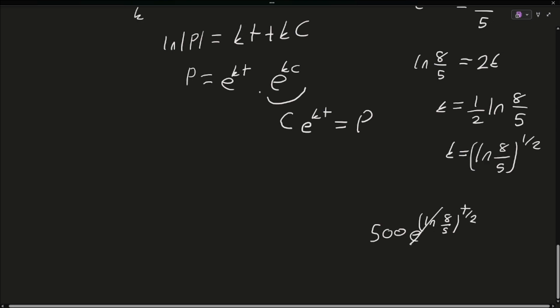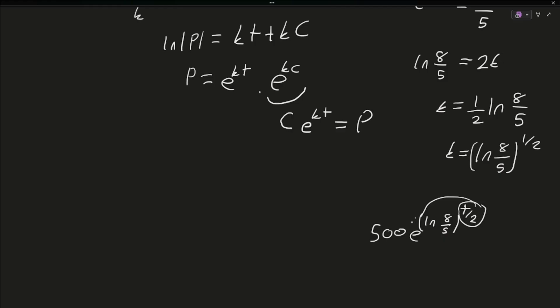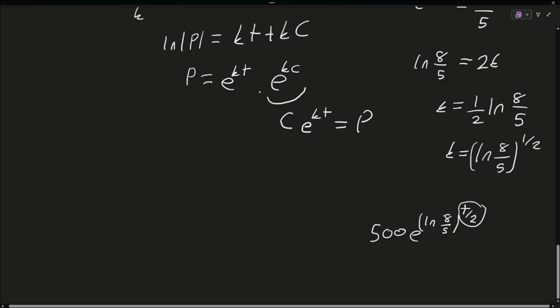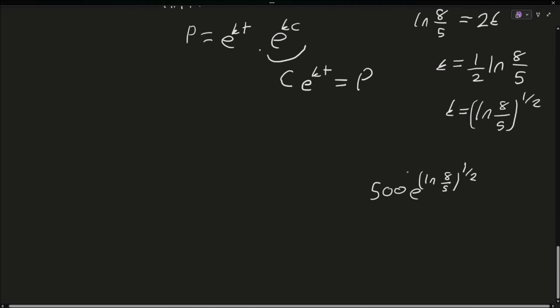And now that we are able to cancel this e and ln, this is a very smart move, guys, because I'm just getting these constants out from here to the exponent, so I can cancel this e and ln. Guys, don't try to cancel this when you have a t over 2 or any constant here, because you cannot do that. That's not mathematically true. The constant of ln must be 1 so that you can cancel this.